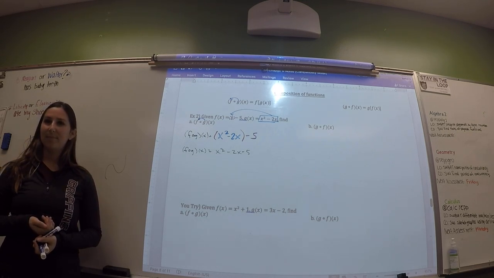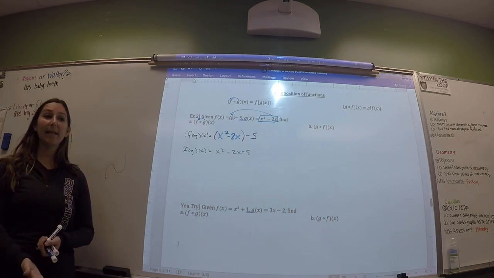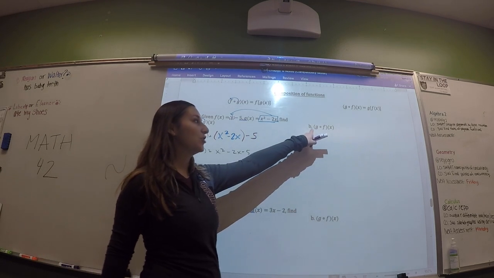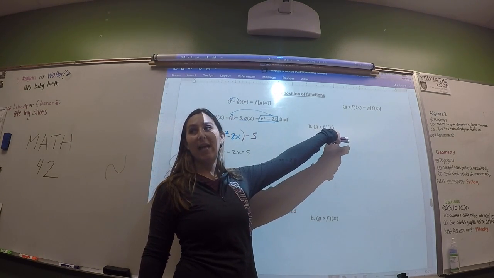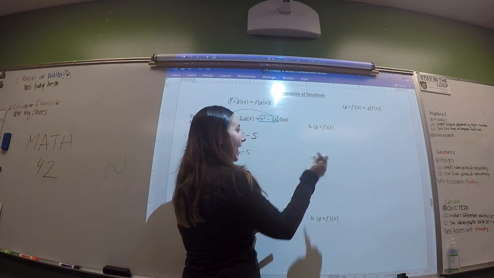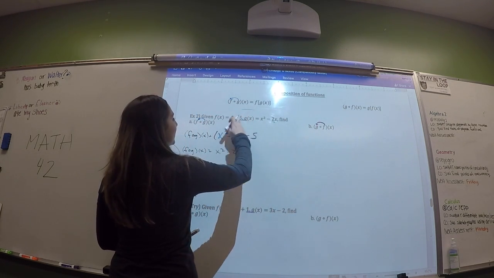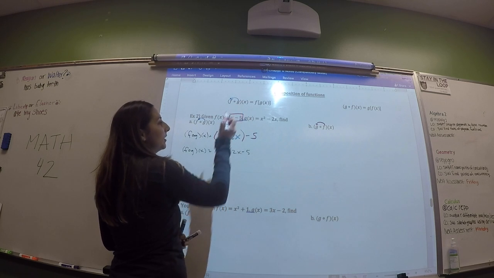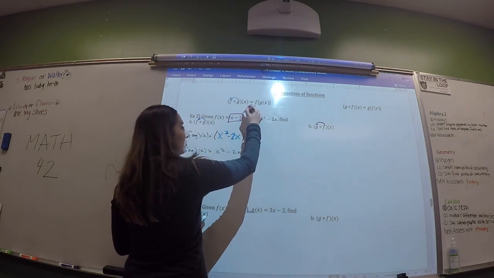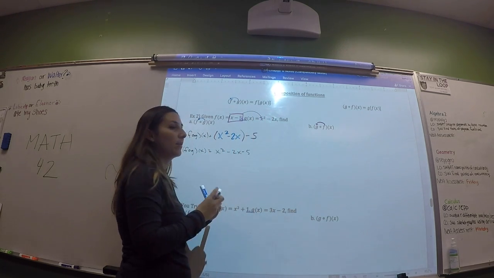So the second one says g of f of x. You're going to take f and substitute it into g, where there is an x.